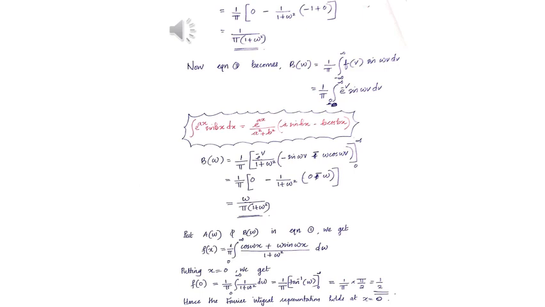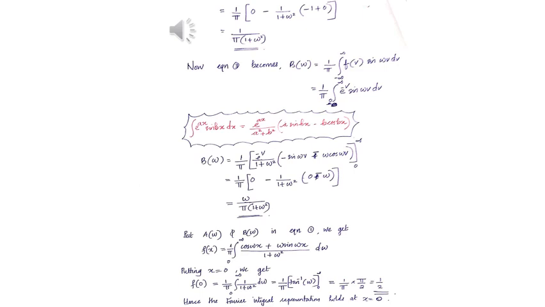After giving 0 as the lower limit, cos 0 is 1, so minus cos omega v becomes minus 1, plus sine 0 is 0. So it is minus 1 plus 0. The answer is 1 by pi into 1 plus omega square. So we got the a of omega.